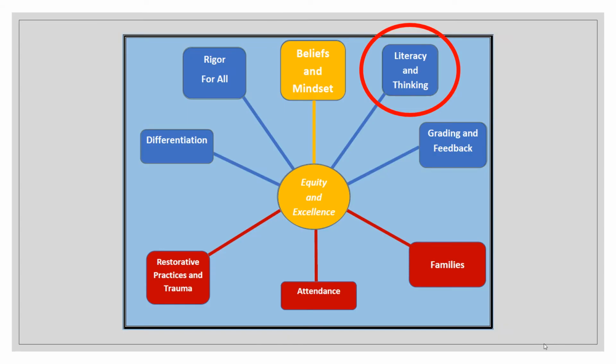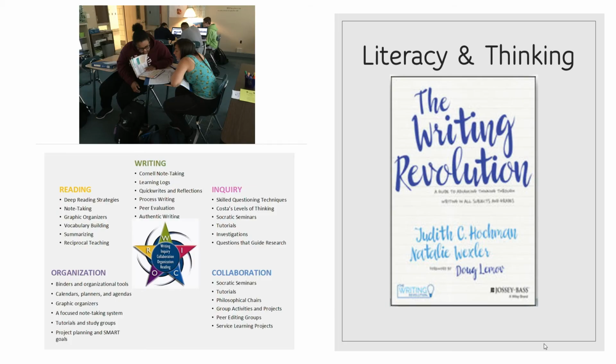The next part of the framework is literacy and thinking. On the right-hand side, the Writing Revolution is something that our district has focused on, with specific strategies in text to really focus on content-based literacy. Our school has literacy leaders that model how it's done and then support teachers in the classroom.